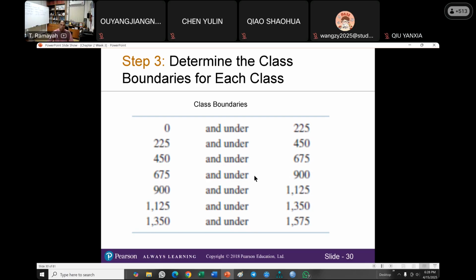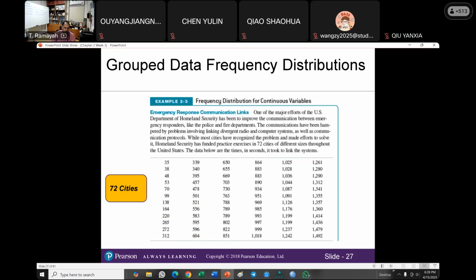Those are the numbers. So once you have these classes decided, what we need to do is go back to the 72 values given here. We need to group them into the 7 classes.